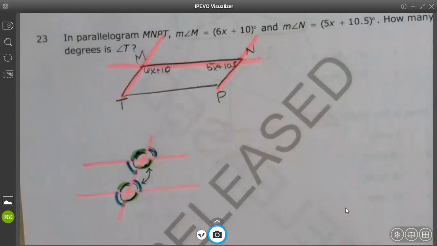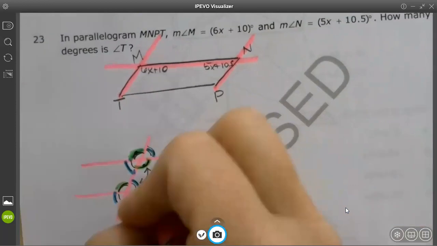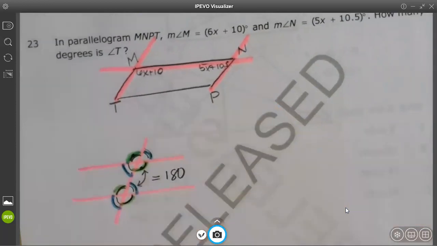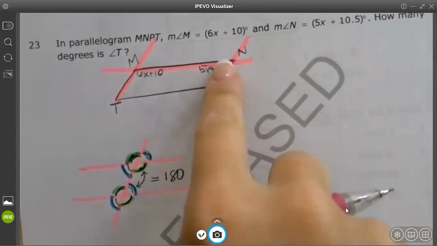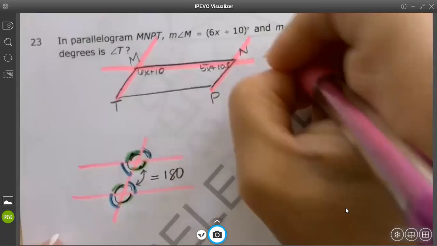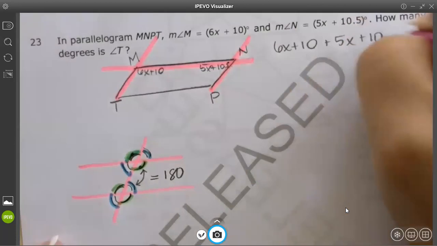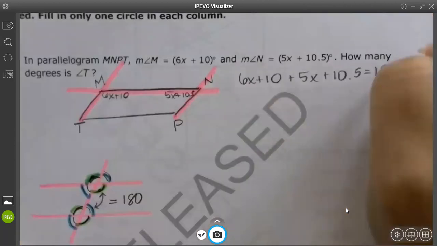So they're definitely not equal. So the only other choice we have is that they equal 180. So they will add together and equal 180. So that's what we're going to do with these two up here. You're going to take your 6x plus 10, add it to your 5x plus 10.5, and set it equal to 180.